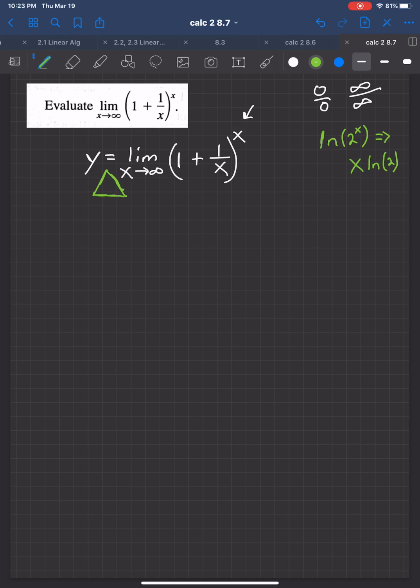And you're not allowed to just start adding weights or subtracting weights on one side unless you are willing to compensate by doing the same to the other side. So I am going to take ln of both sides of this equation, only that I'm going to leave this limit out front of the ln.